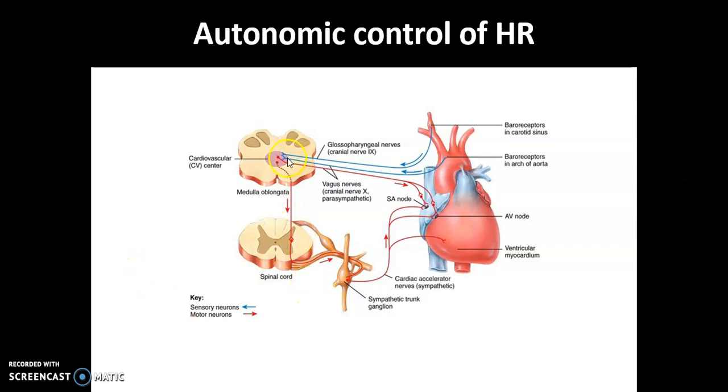So the impulse will be sent down the accelerator nerve into the SA node. This will then tell the SA node to initiate faster contractions to allow the heart to contract as one unit faster, so we can pump more blood around the body. This is an adaptation when the intensity of exercise increases.